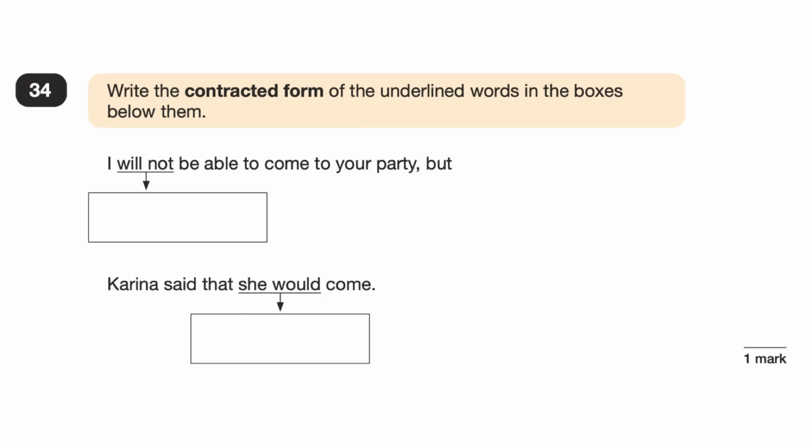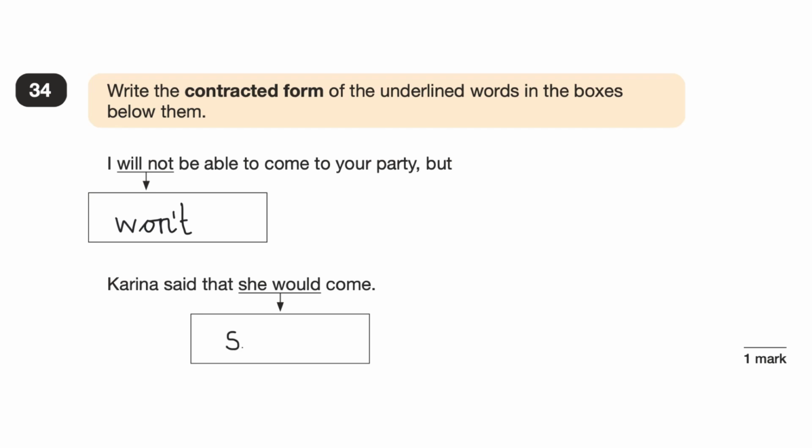And again, part of this, you do sort of need to have a little bit of knowledge of contractions because it isn't willn't, okay? It's going to be won't, okay? I won't, writing it nice and clearly, normal size apostrophe. I won't be able to come to your party, but Karina said that she'd come.